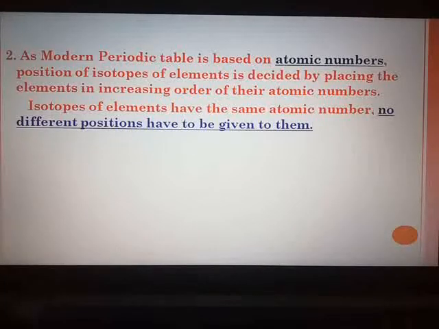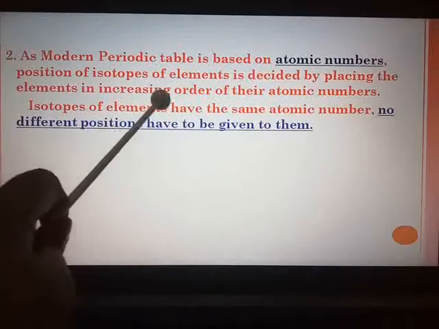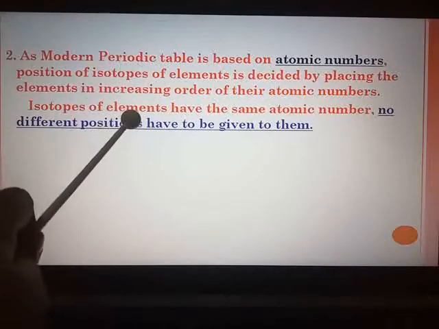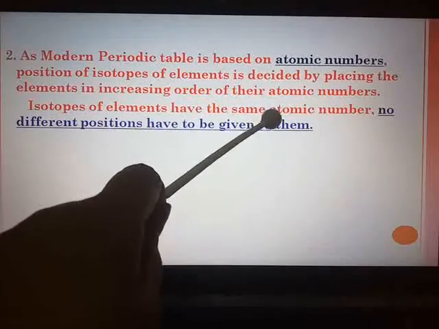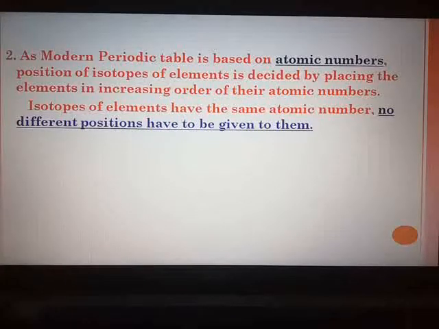We had seen in Mendeleev's periodic table, the isotopes of the elements having different atomic masses were given different positions. But here, as the modern periodic table is based on atomic number, the isotopes of elements are atoms of the same element. So they have the same atomic number, and no different positions have to be given to them.